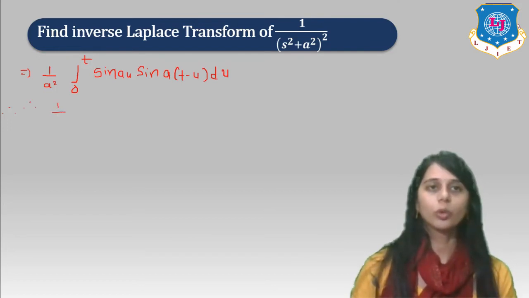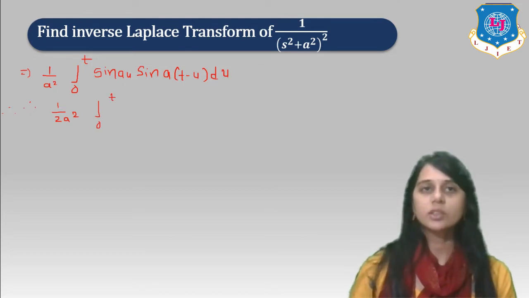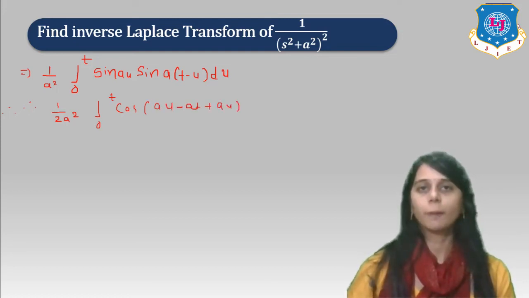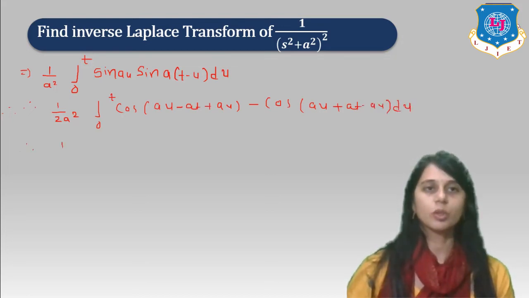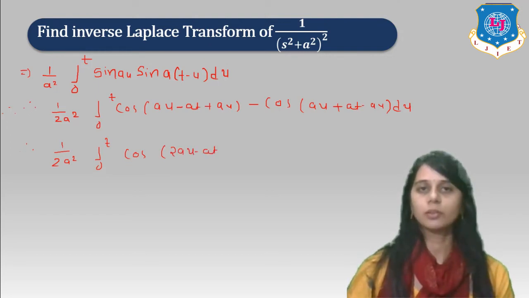Multiplying and dividing by 2, we get the 2 sin A sin B rule. What is 2 sin A sin B? It is cos(alpha minus beta) minus cos(alpha plus beta). So cos(au minus at plus au) minus cos(au plus at minus au) du. So it is 1 upon 2a square, the integration from 0 to t of cos(2au minus at) minus cos at du.